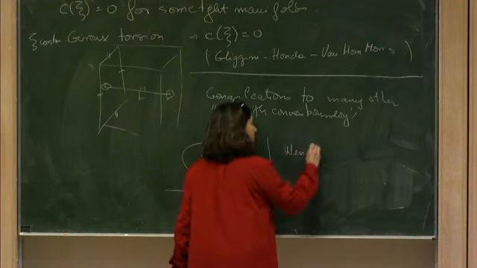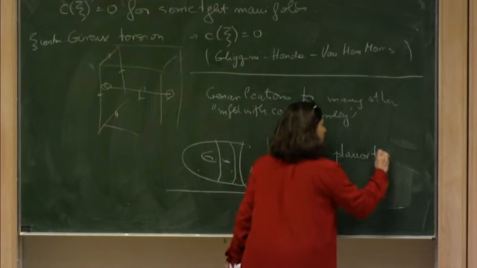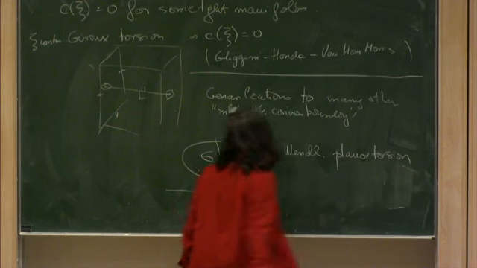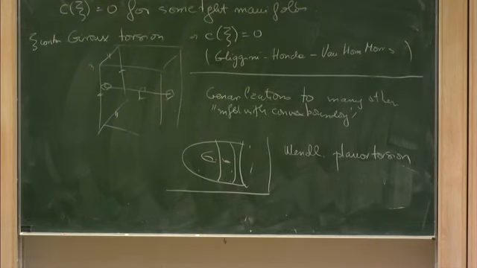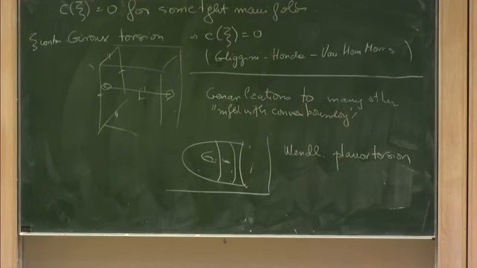Wendl talks about planar torsion. So there are various obstructions to c of Xi being non-zero, which are what kind of piece of a manifold you have that makes the contact invariant vanish.